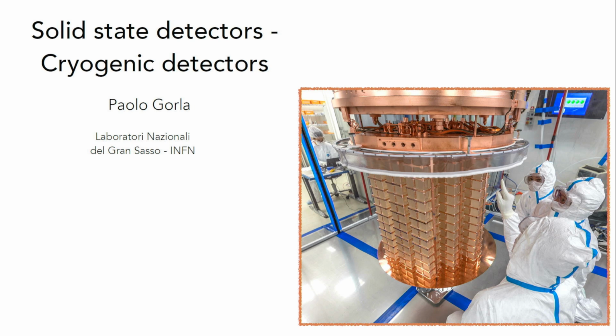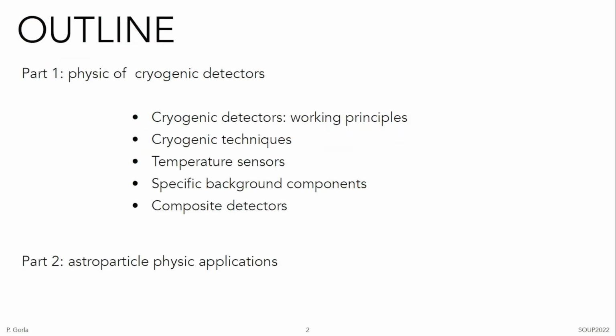Okay, so I will try to go a little bit into the physics of cryogenic detectors, and just at the end there will be a short set of hints of which kind of physics process you can study with this kind of detectors.